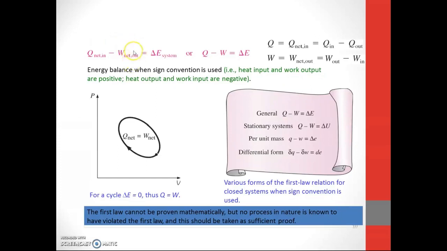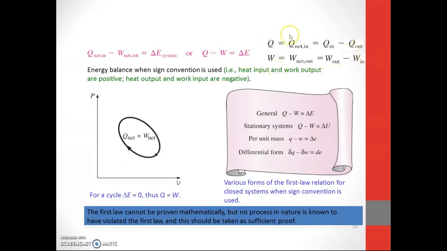But because we put work net out as the subject and the equation is work out minus work in, we need to put a negative here. So Q net in minus work net out equals delta E system, or just simplified, we write it as Q minus work equals delta E.